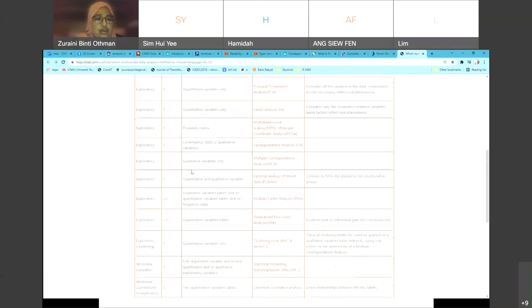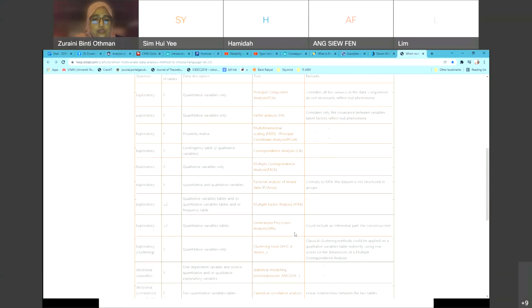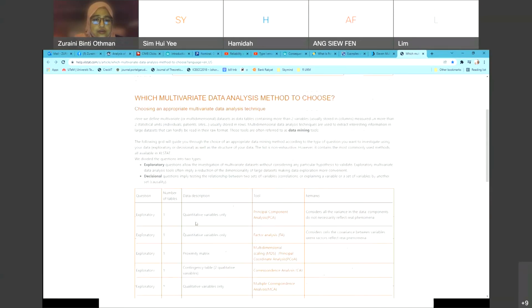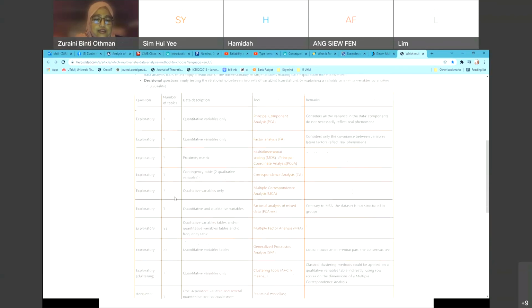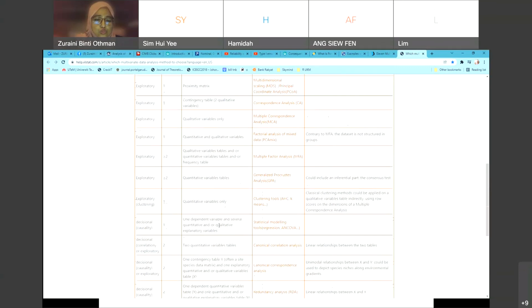Then if our number of tables is greater than or equal to 2 and it is exploratory and our data description is a qualitative variable table or quantitative variable table or frequency table, we have to use multiple factor analysis. Okay, this is how they tabulate it in this table. They help the researcher to decide.